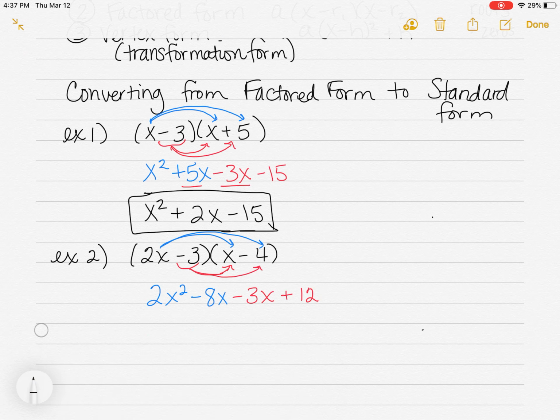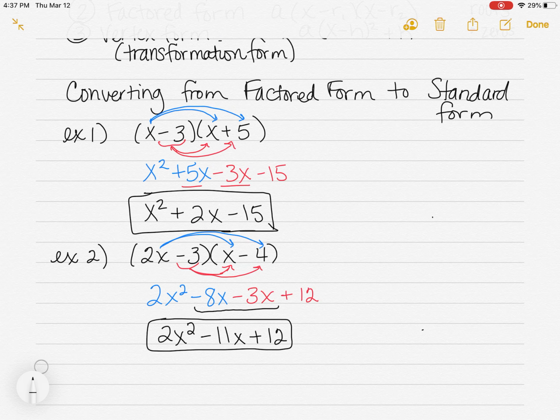Once you combine like terms, you're going to get 2x squared. Negative 8 and negative 3 is negative 11, so that's negative 11x plus 12. And that is the standard form of that. It's important to note that these are equivalent forms of these quadratics.